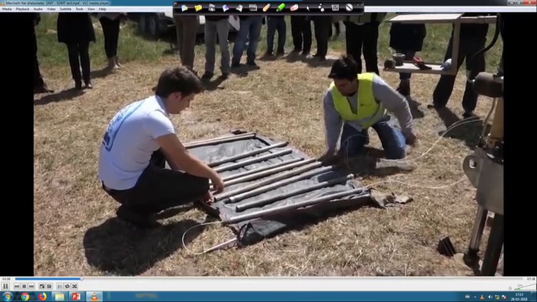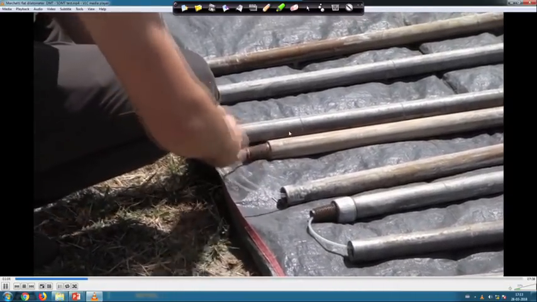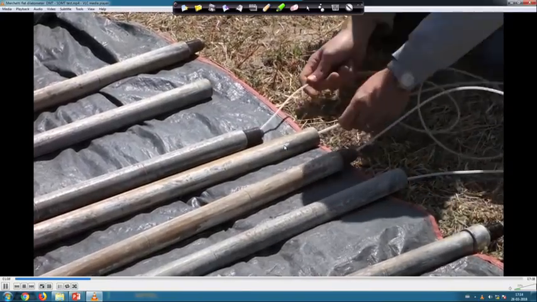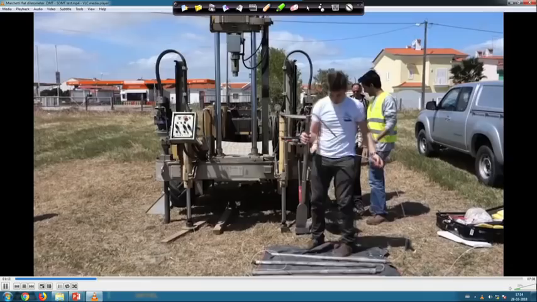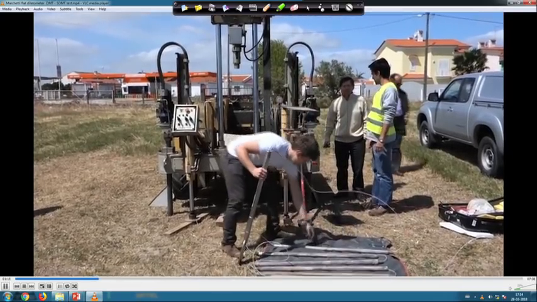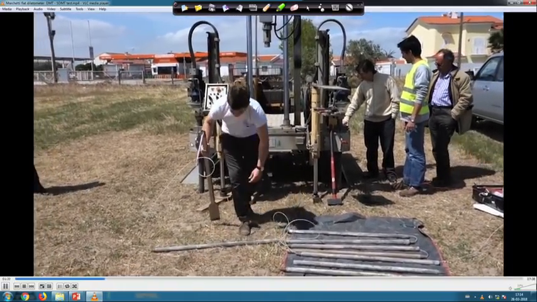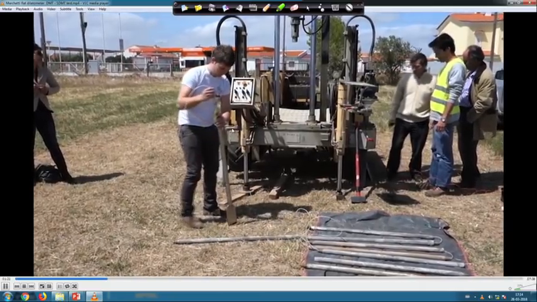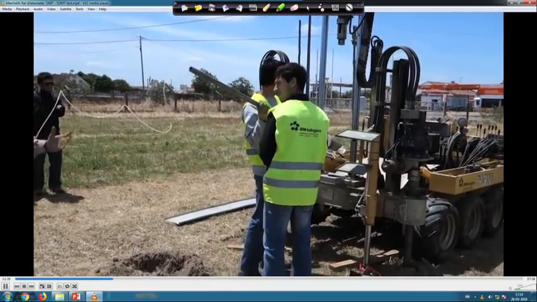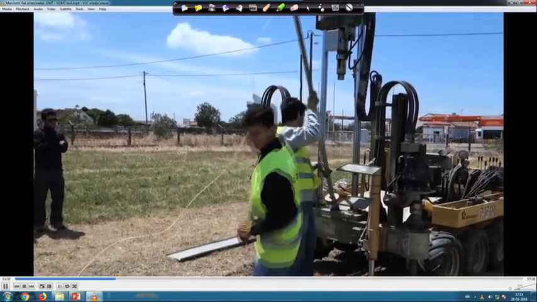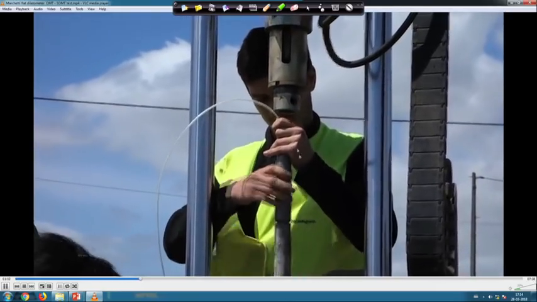So, this is the rod. Depending upon where you are trying to measure the properties, we have to add rods one by one. This is the dilatometer, and if you want to do the test at a higher depth, then you have to attach more rods, so that this instrument can reach that depth. Another rod is attached.